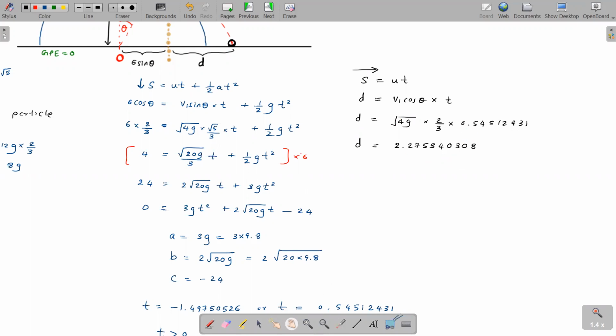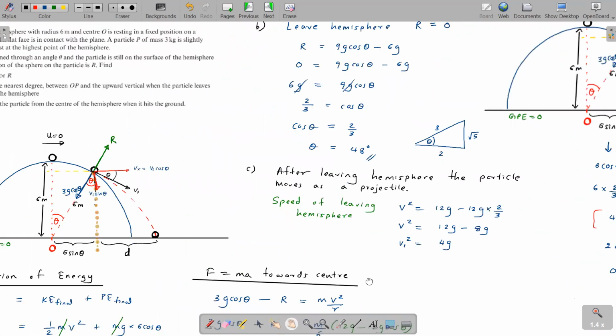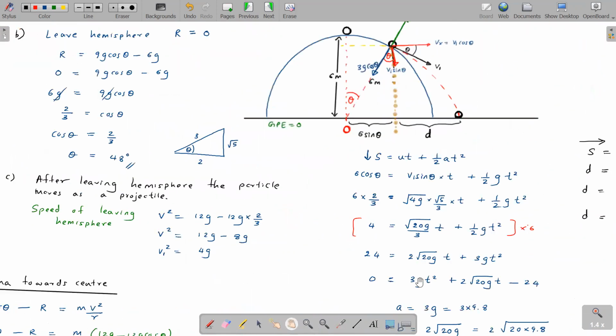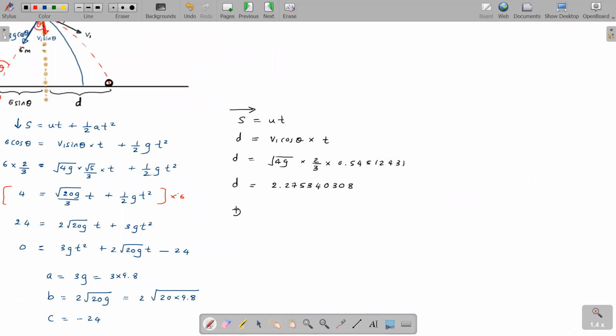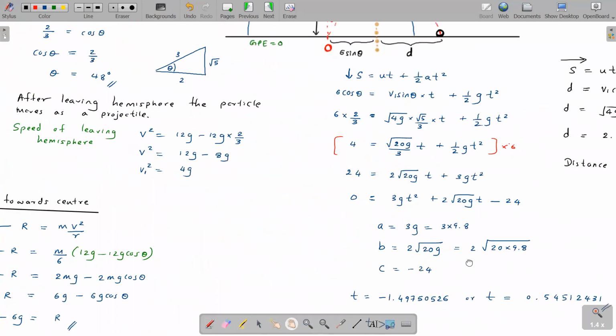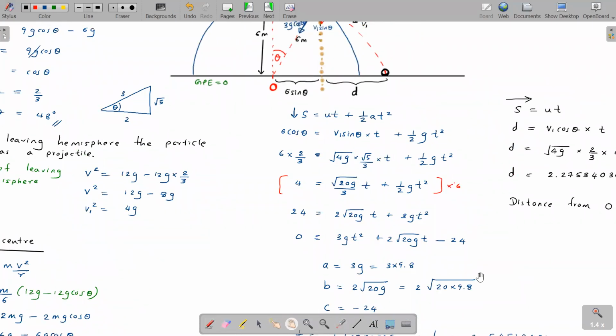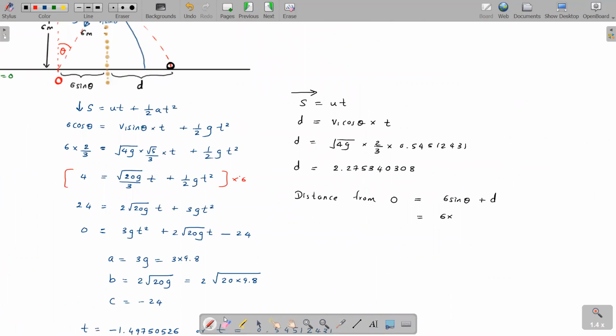Then the question says to find the distance of the particle from the center of the hemisphere when it hits the ground. So the distance of the particle from the center of the hemisphere, from O, when it hits the ground is equal to 6 sine theta plus D. We found sine theta, opposite over adjacent, so root 5 over 3.